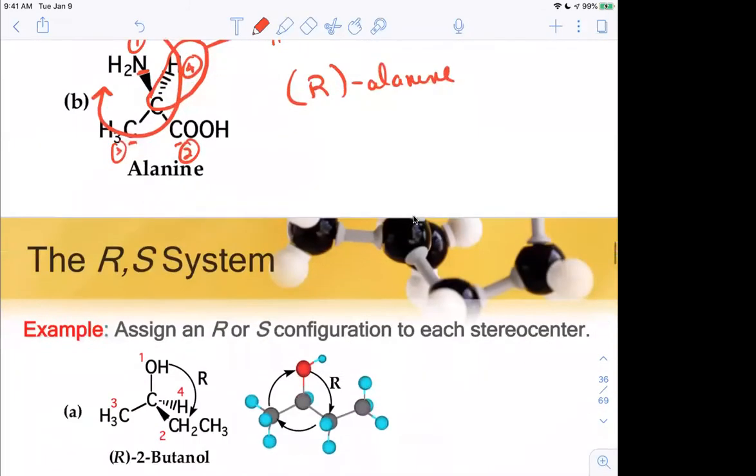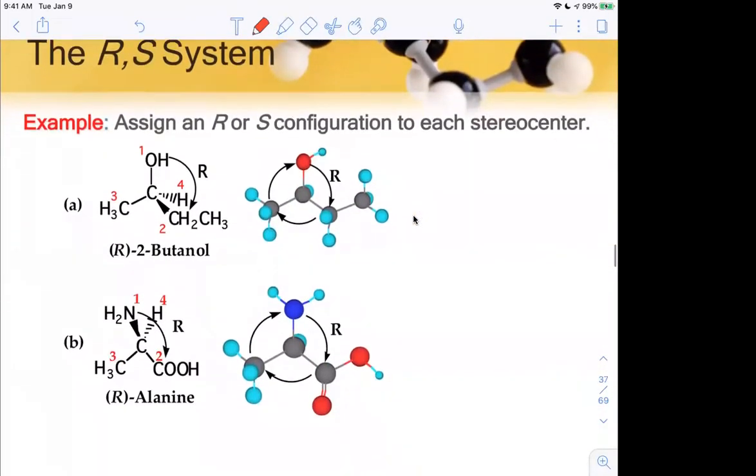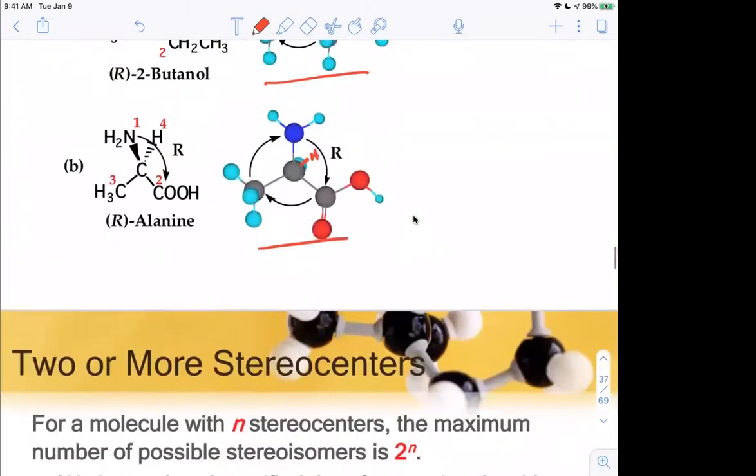Hopefully this is starting to make sense. And again, if I draw it in my models or if I use models, this is what I'm going to see. When I put that atom going behind, and I look at it like spokes on a steering wheel, that is going to help me figure these out and help me go ahead and assign those configurations.